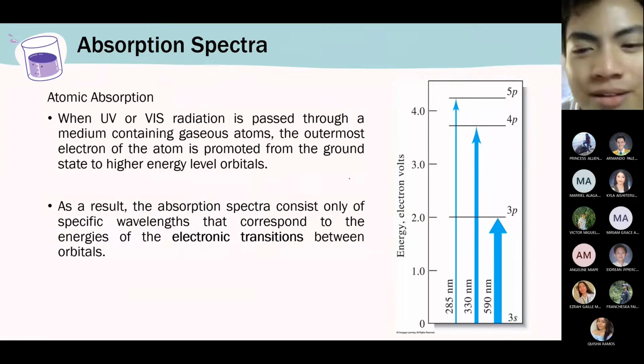Apparently, absorption spectra has lots of applications. One is UV-Vis, which we use to quantify the amounts of matter in our substance.